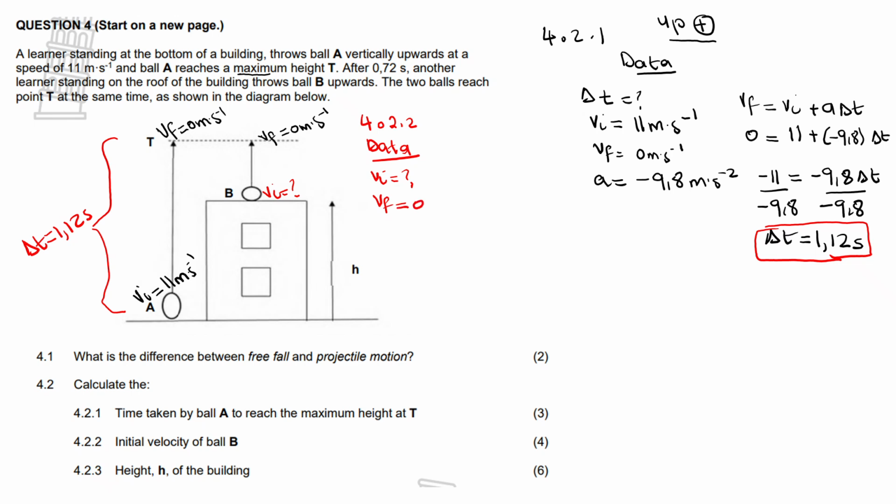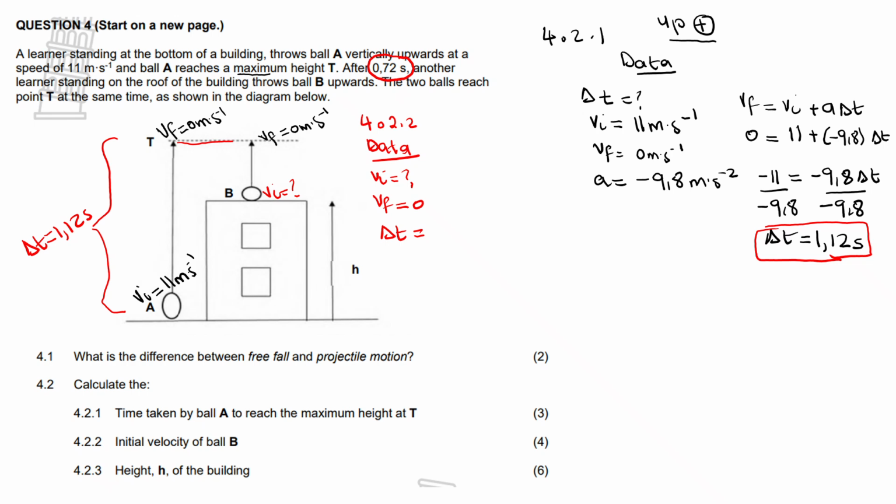Right? And then what about delta t? What about the time that it will take ball B to reach its maximum height? Look at this statement. After 0.72 seconds, another learner standing on the roof of the building throws ball B. So this tells us that ball A and ball B will reach this maximum height at the same time.